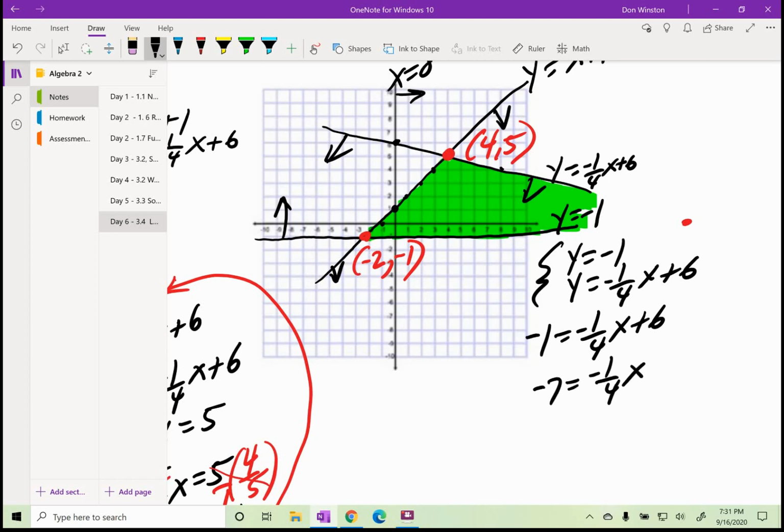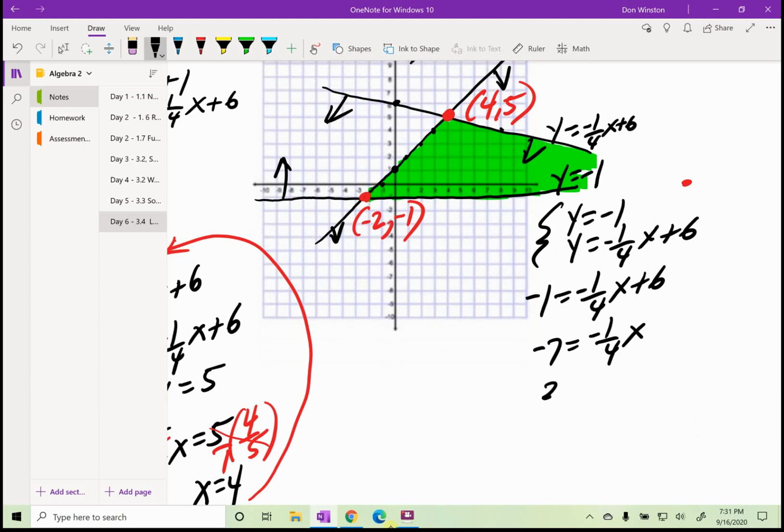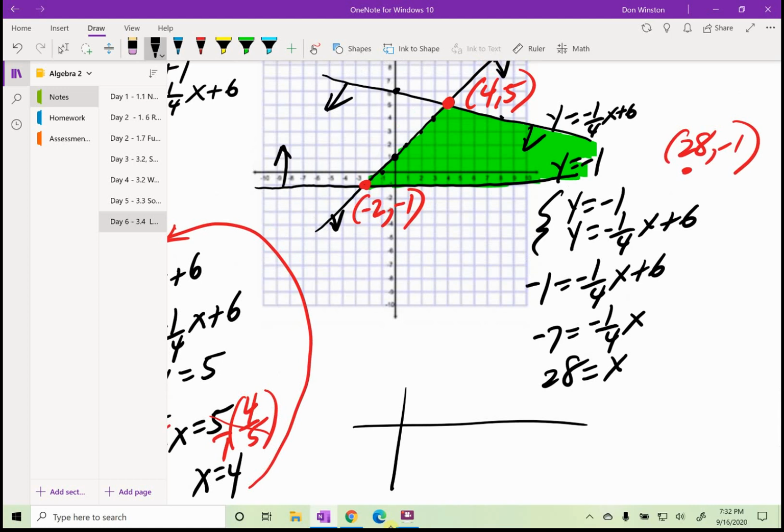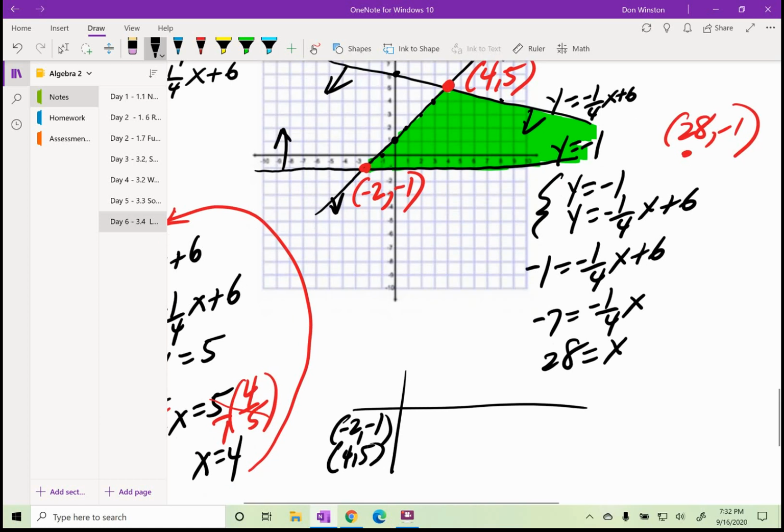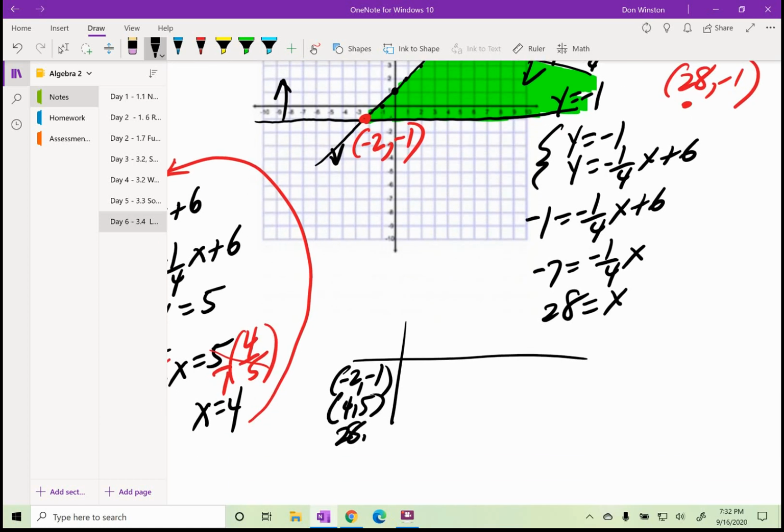We multiply by -4, we get 28 equals x. So this corner point, though you don't see it, is (28, -1). We found our corner points, and they are (-2, -1), (4, 5), and (28, -1). We found all three of them.